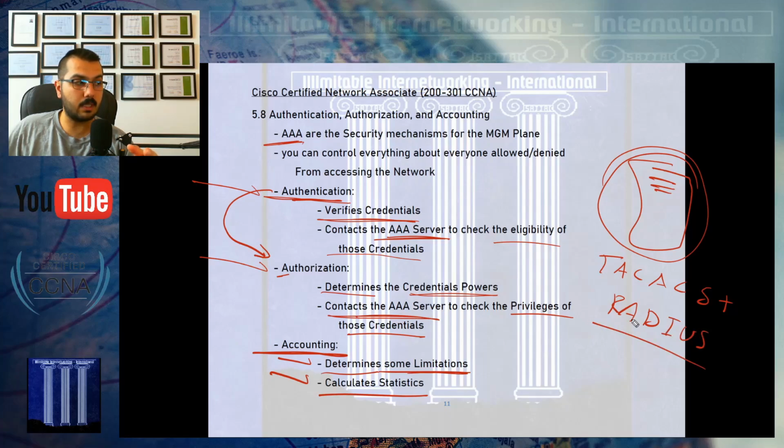In the CCNP exam, you will know the differences between them. Some of them are encrypted, some others unencrypted, some of them are for certain protocols, others are not, some of them are Cisco proprietary, others are not, etc. So this is number one.